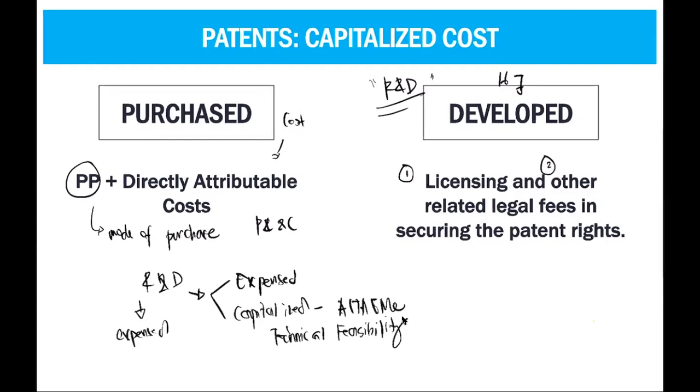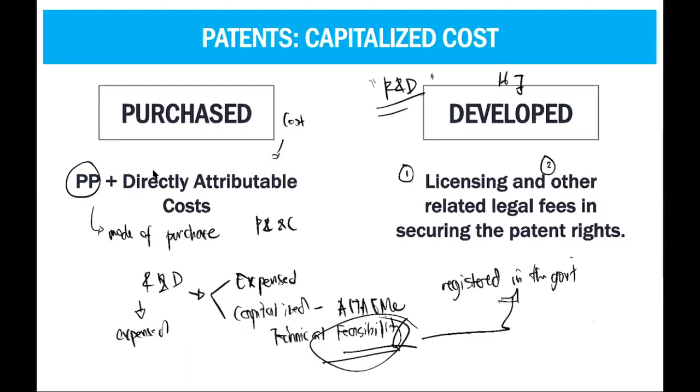Remember our premise a while back in your patent: we said we cannot make use of the patent and profit from it unless we have registered it. So in short, one important characteristic of a patent is that it is registered with the government. Therefore, when can we say that the use of that patent is feasible? It becomes feasible only once it is registered with the government.